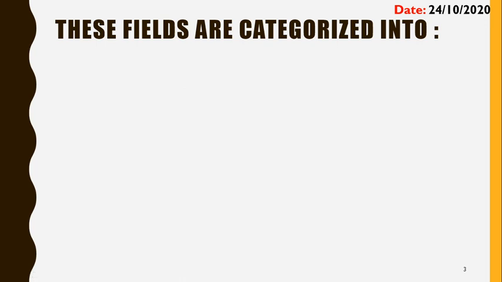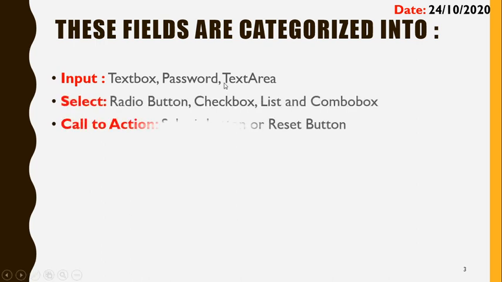Now the next topic is that the fields are categorized into the following three parts. First one is input, second one is select, and third one is call to action. The text box, password and text area are used to ask for, or input, information from the user.